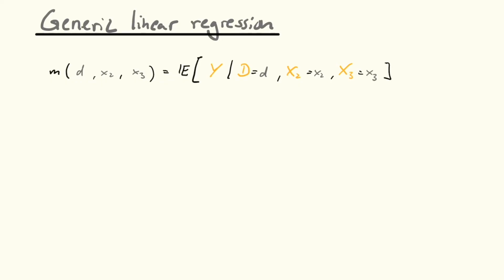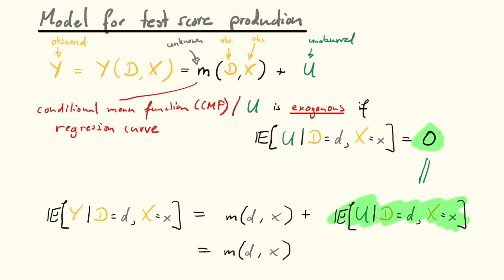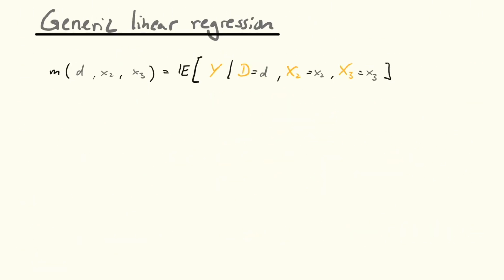In our treatment application, this link between the m function and the conditional expectation arose from the balancing assumption. Here's the derivation. In other regression contexts, we may just define the m function to be equal to this conditional expectation. Under our parametric assumption, this conditional expectation is linear.